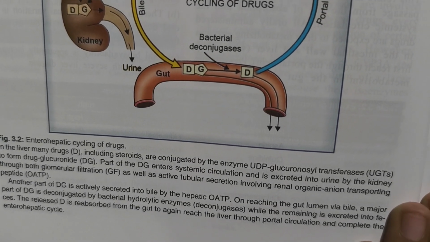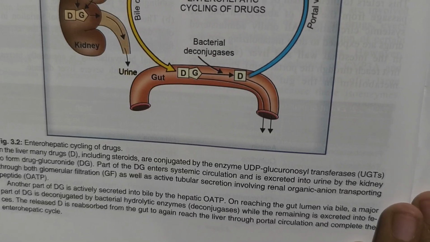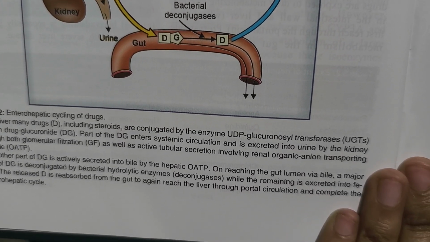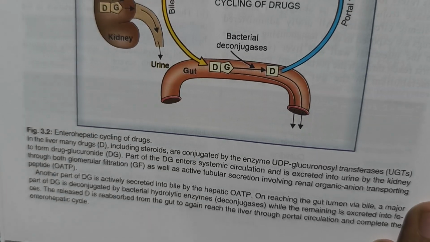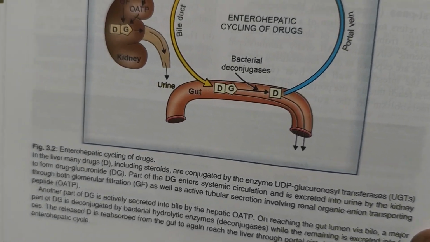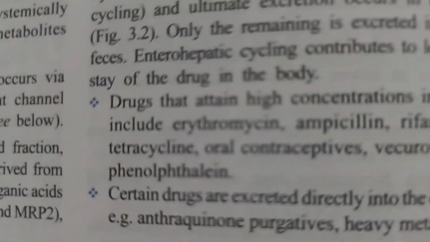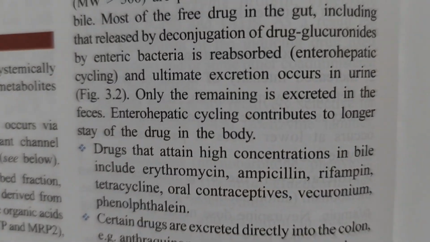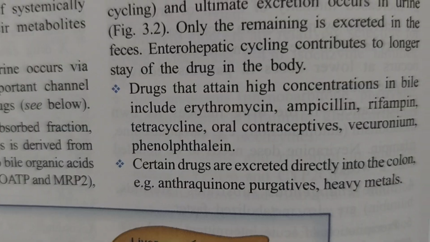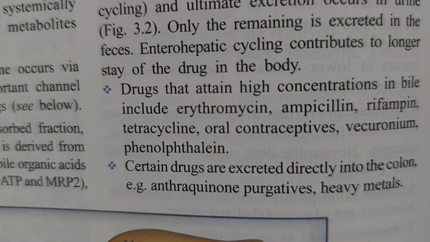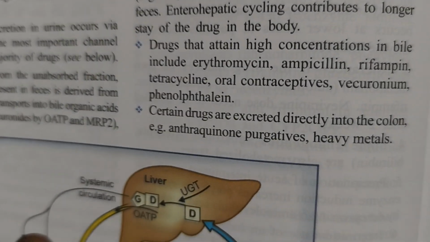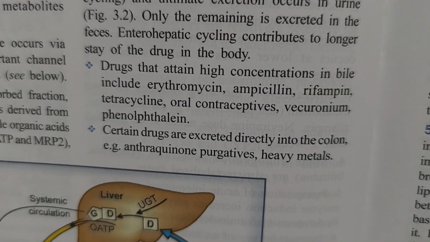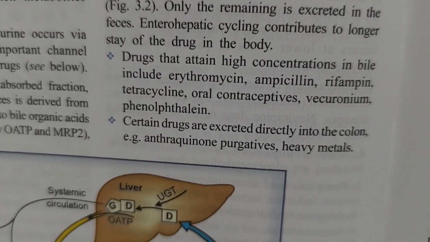The released D is reabsorbed from the gut to again reach the liver through portal circulation and complete the enterohepatic cycle. Only the remaining is excreted in the feces. The enterohepatic cycling contributes to a longer stay of the drug in the body, which is the probable reason for its toxicity and its effectivity.